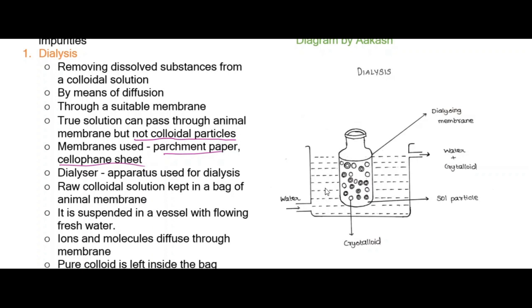These water solvent molecules wash through all the suspended particles, small ions and molecules. They diffuse through the membrane because of the fresh water. Then the pure colloid is left inside the bag. So thereby we can purify the colloidal solution. This is a normal process, but it's a slow process.